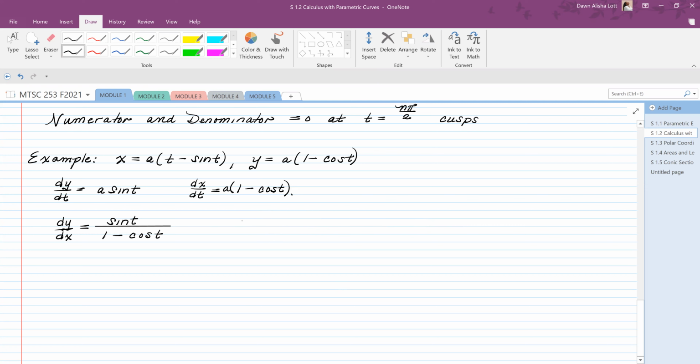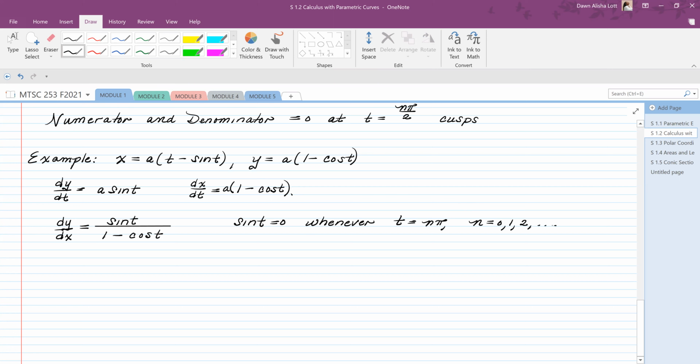So let's say the sine of t is equal to 0 whenever t is n pi, so that's any multiple, n equals 0, 1, 2.